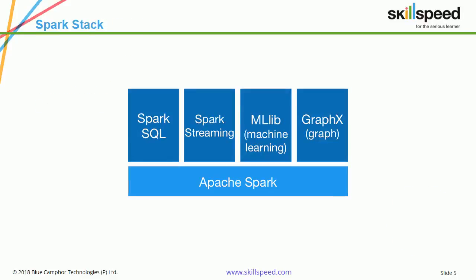Now, if you look at the Spark stack, we are aware that we have core Spark, and we have already seen Spark SQL and Spark Streaming. The third library is called MLlib. This is the library which supports machine learning in Spark.